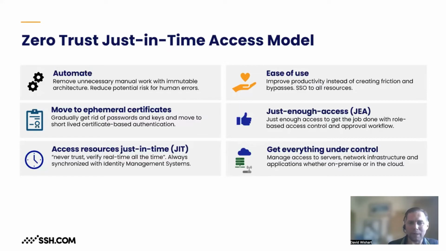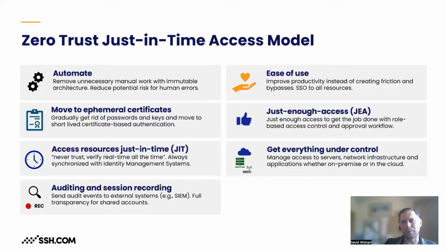You want to have a solution that works not only for server access, but also for network infrastructure, and also for applications, whether they're on-premise or in the cloud, and whether they're operational technology or IT infrastructure. Everything that goes through your PAM should have the option to be session recorded, and you should also have a full list of audit events for all connections going through.